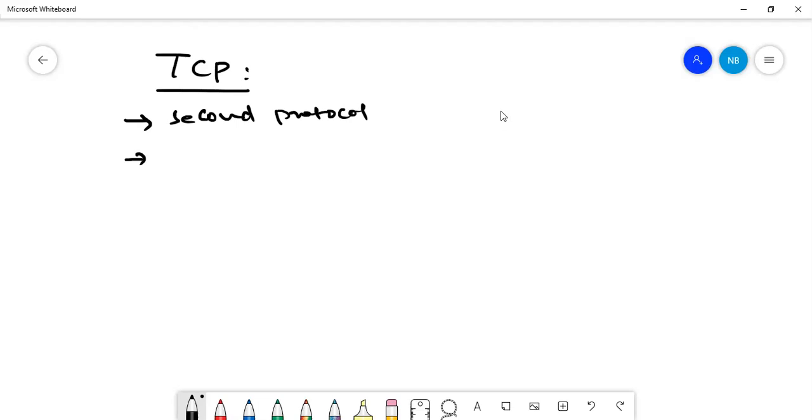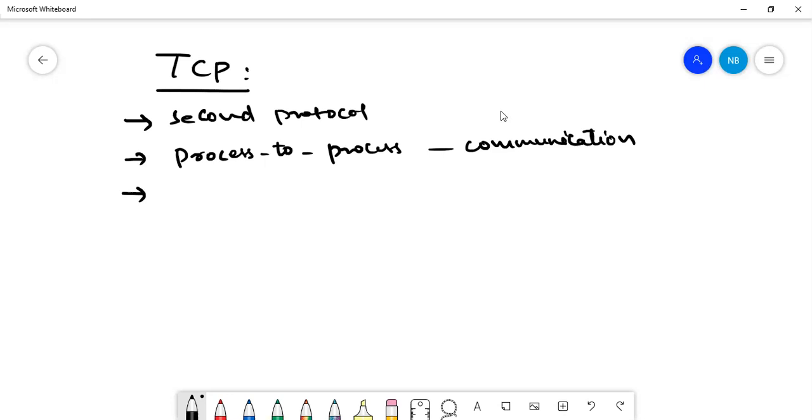It is also used for process to process communication. Process to process communication means program to program communication. So TCP is also based on process to process communication, similar to UDP.